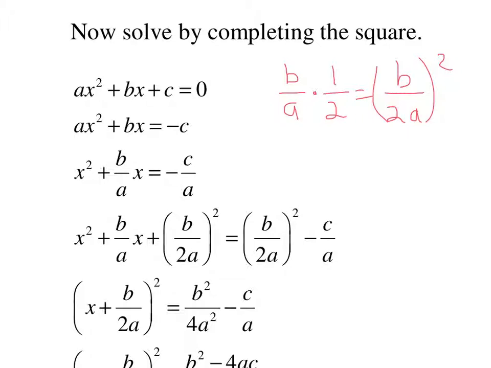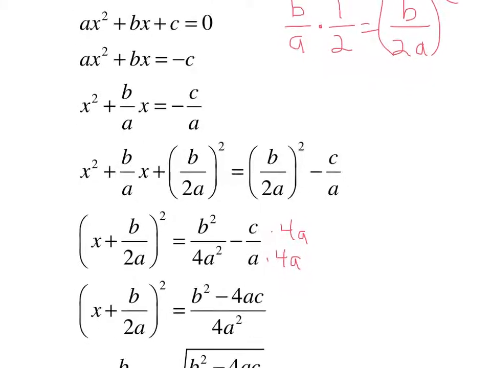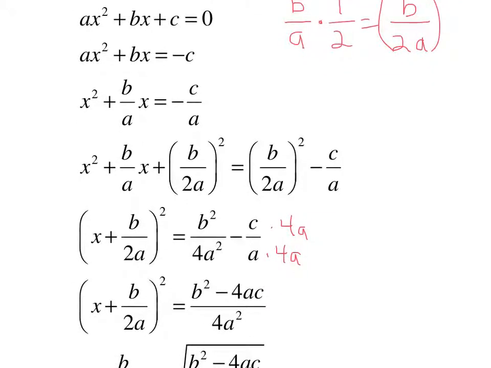So we're going to use 4a squared as the common denominator. This c over a is missing a factor of 4a. We'll multiply numerator and denominator by 4a. That will give us x plus b over 2a quantity squared equals b squared minus 4ac over 4a squared.